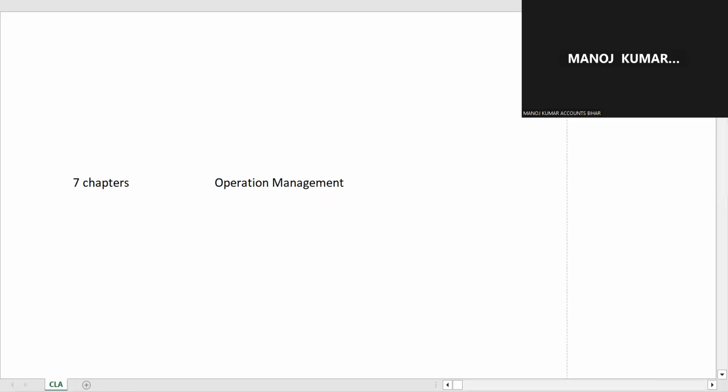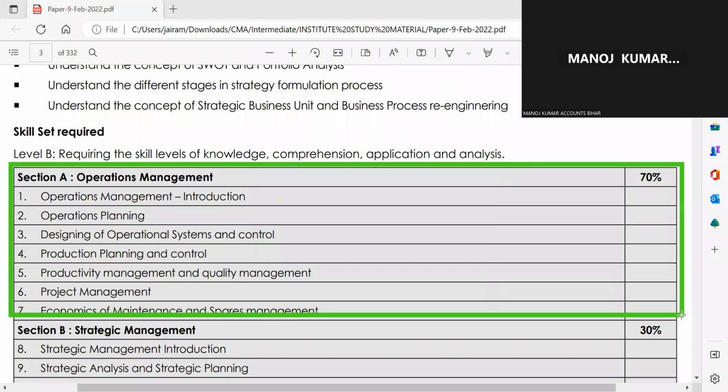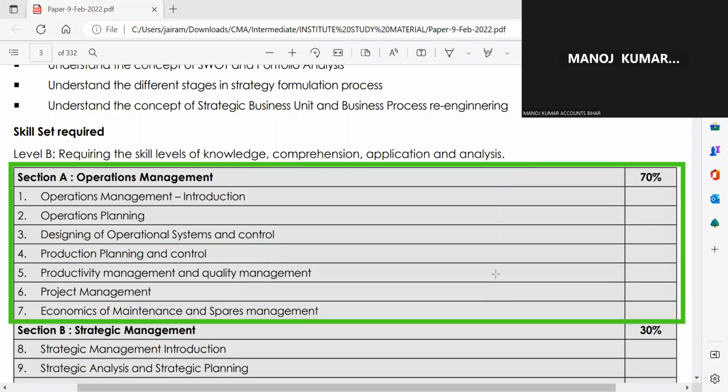So this is how your subject is split. The first part is operations management, which has 7 chapters, and the biggest of them is chapter 4, production planning and control. This we will do at the end.